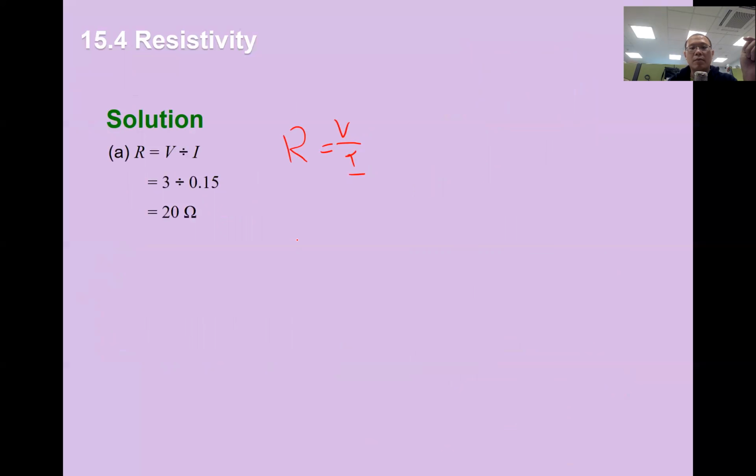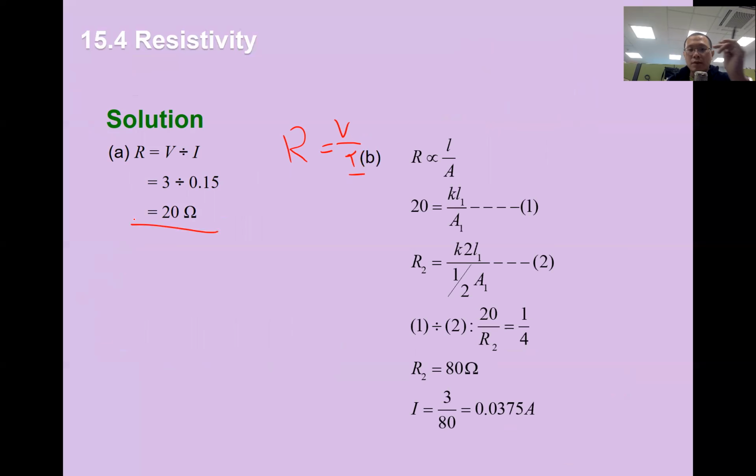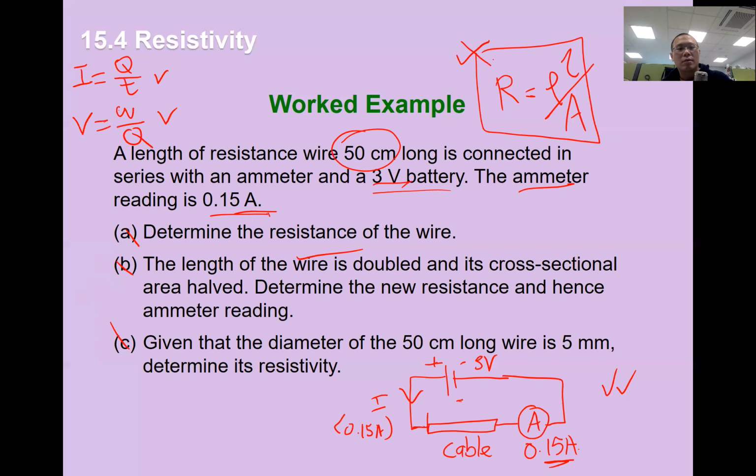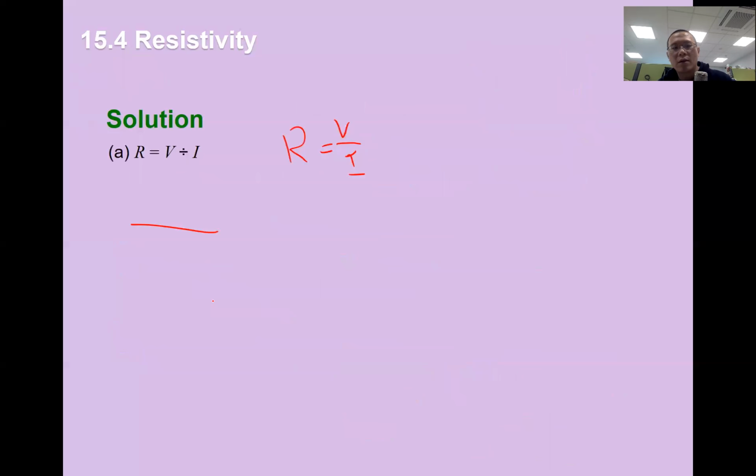So this will be the formula. Now, based on this resistance and the question here, this question looks at another aspect, another scenario, whereby the cable's length is doubled and the area is halved. So how does this work?